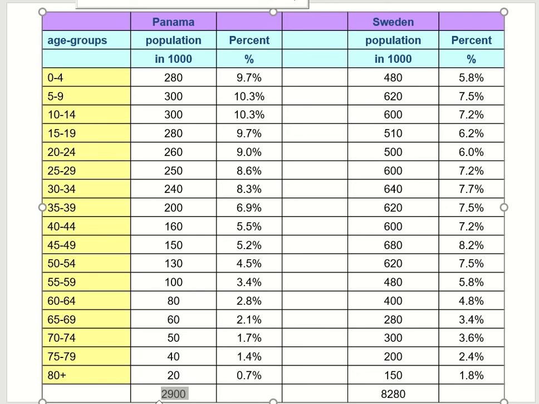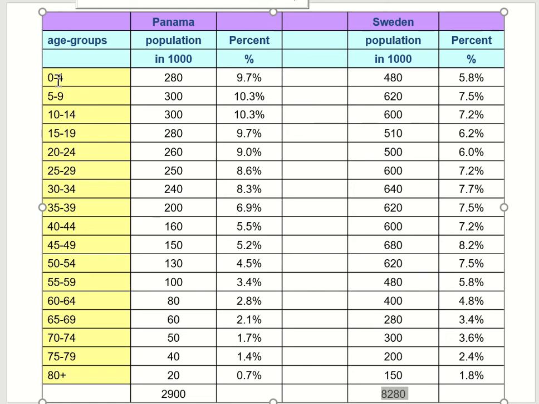So the Panamese population is about 2,900,000 versus Sweden. If you look, it's 480,000, 620,000, all the way to the end. So the Sweden population was about 8,280,000. And then I've calculated the percentages of the total population.